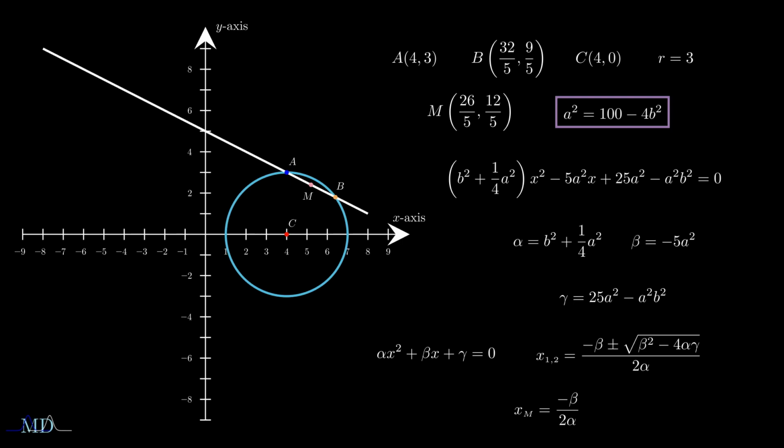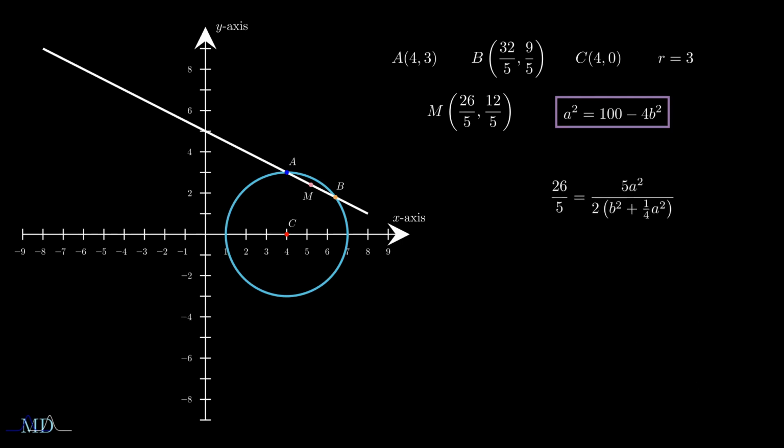We substitute the two expressions for beta and alpha, and we get 26/5 = 5a² / (2b² + 1/4 a²). The framed equation, derived from the condition of tangency, can be used to get an equation with the single variable b.